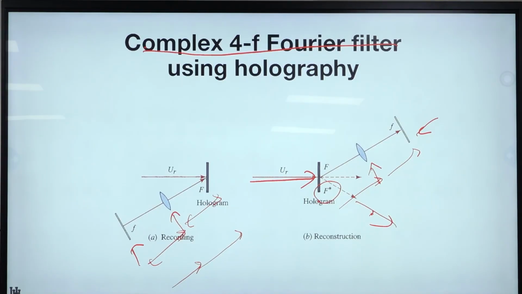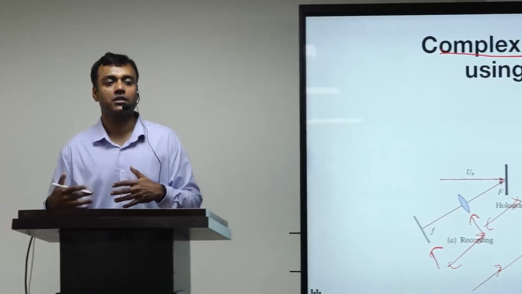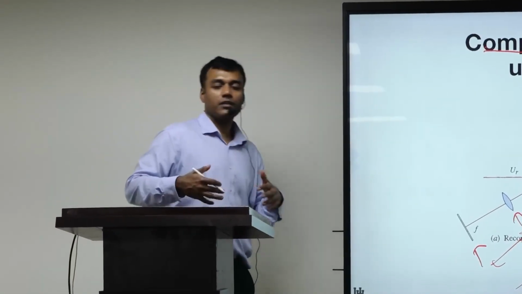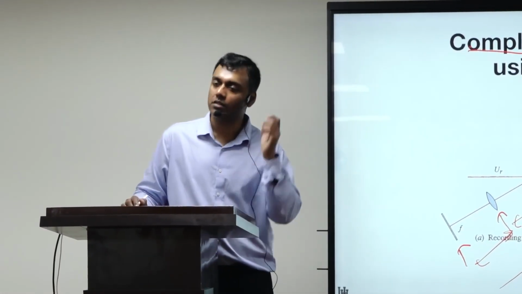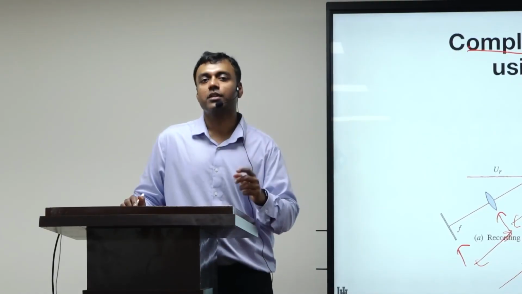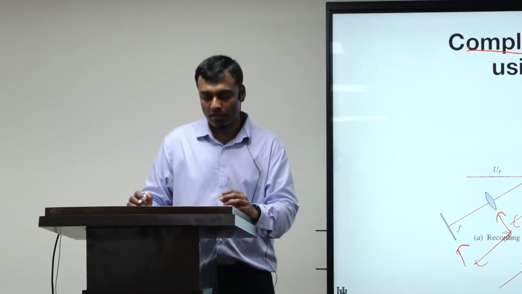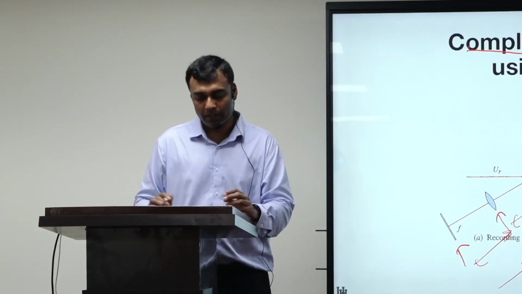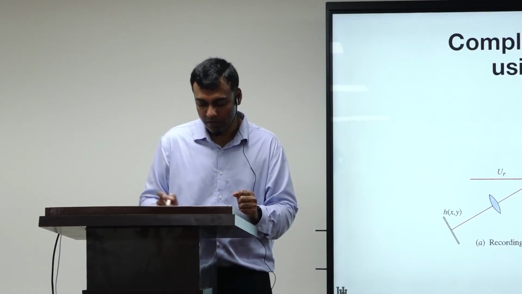In that way, you can get a good holographic image without the complex conjugate components interfering with your real part. So that is another way. Using a Fourier approach, you can get a good hologram and avoid the complex conjugate problem. Okay, yeah.